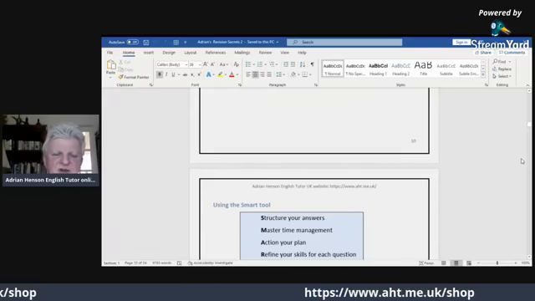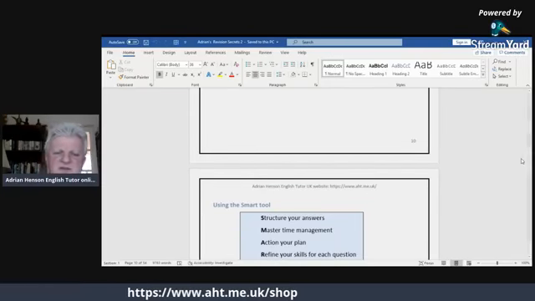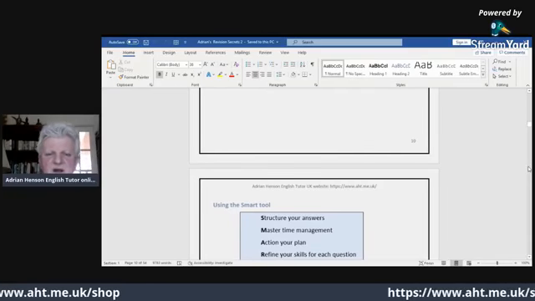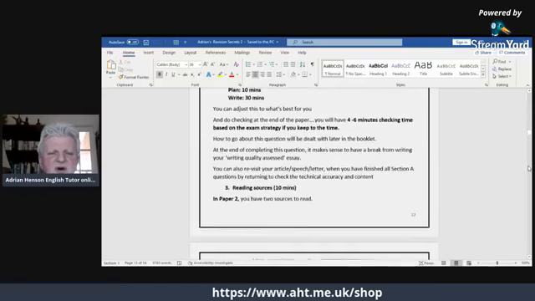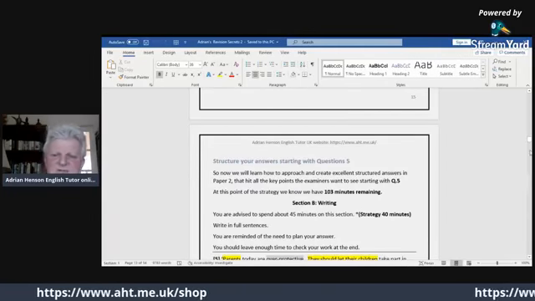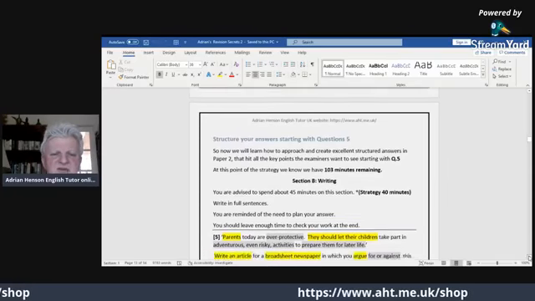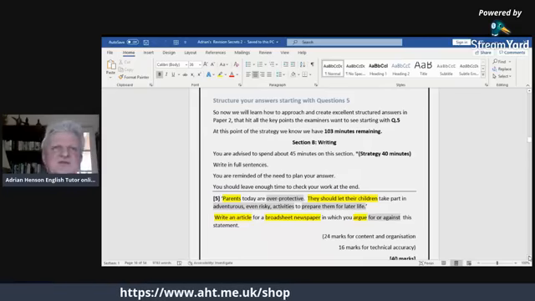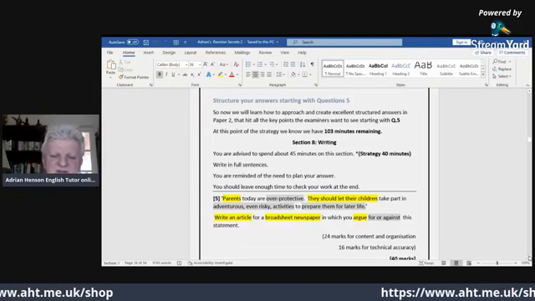So, for instance, the SMART tool that I've talked about, structure your answers. There's quite a big element in this where you have time to structure out your answers. So, for instance, there's a page here that says structure your answers starting with question 5, and I've highlighted elements that you should, as a student, always pick out when you read a question, and so on and so on.